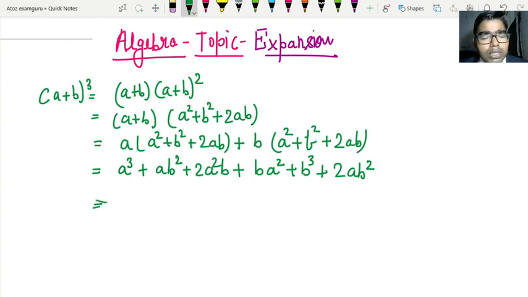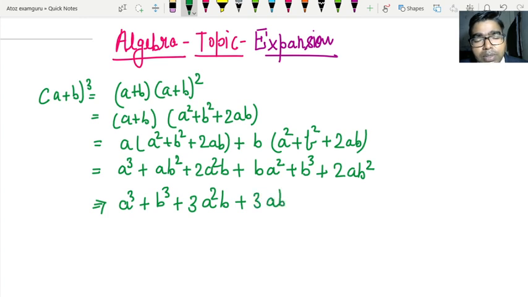So when you rearrange the terms, you will get a cube plus b cube plus twice of a square b, and it is also a square b. So this will become thrice of a square b. Similarly, it is ab square, and it is also ab square. It becomes thrice of a b square, right friends?